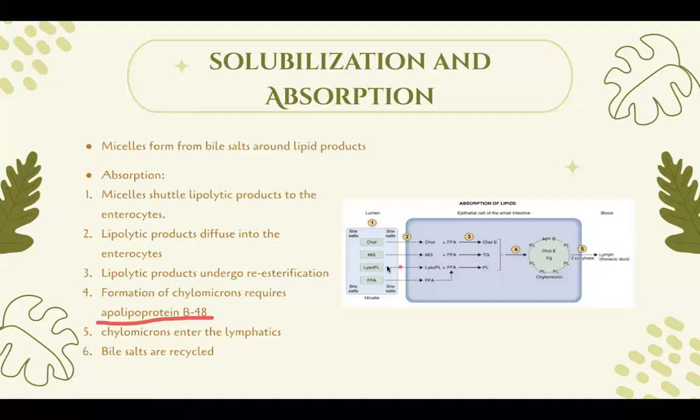And lastly, what happens to the bile salts? They stay in the lumen. They keep moving until they reach the distal ileum, and then at the distal ileum, they get absorbed and recycled back to the liver, so that we can use them again.